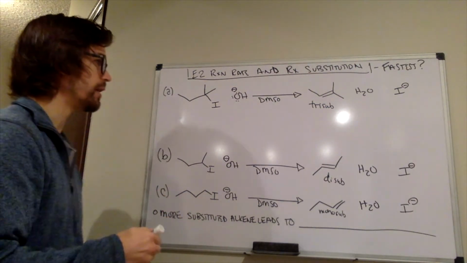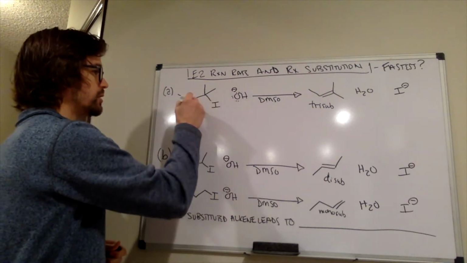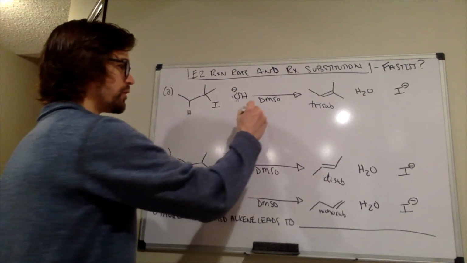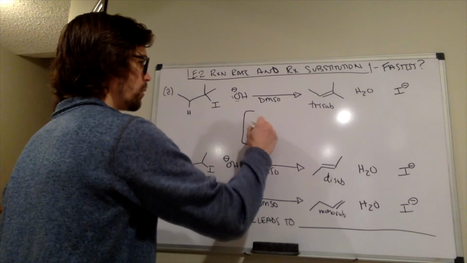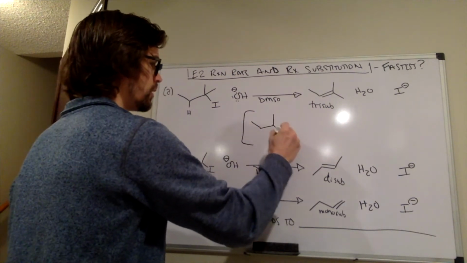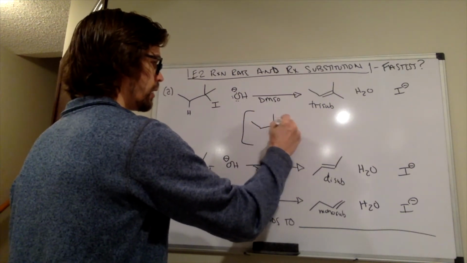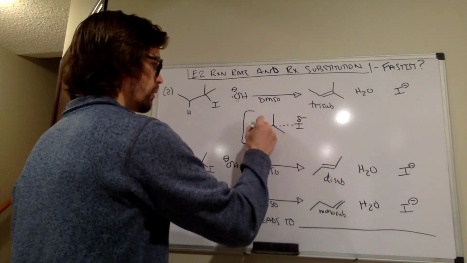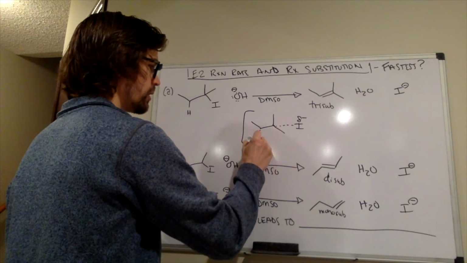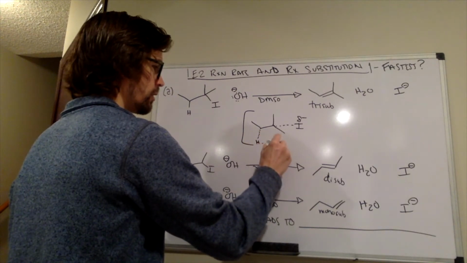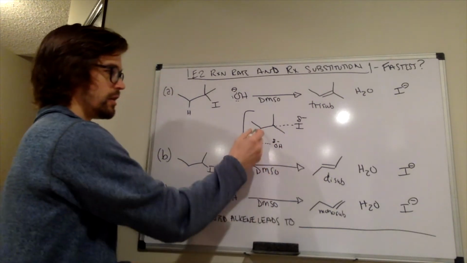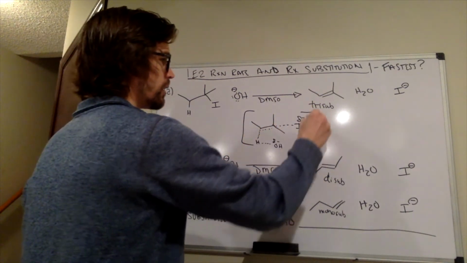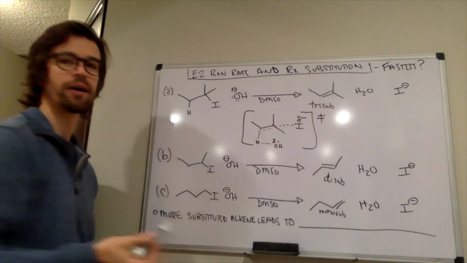And when you think about it, what happened here? Well, the OH minus pulled off that proton here, and the transition state for this top one would look something like this, where we're breaking that alkyl iodide bond. We are breaking the carbon-hydrogen bond here, and we're forming that pi bond in the intermediate.